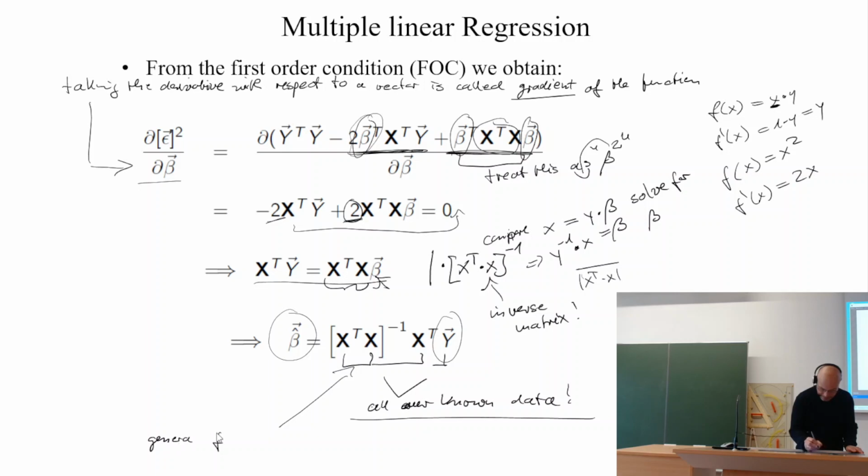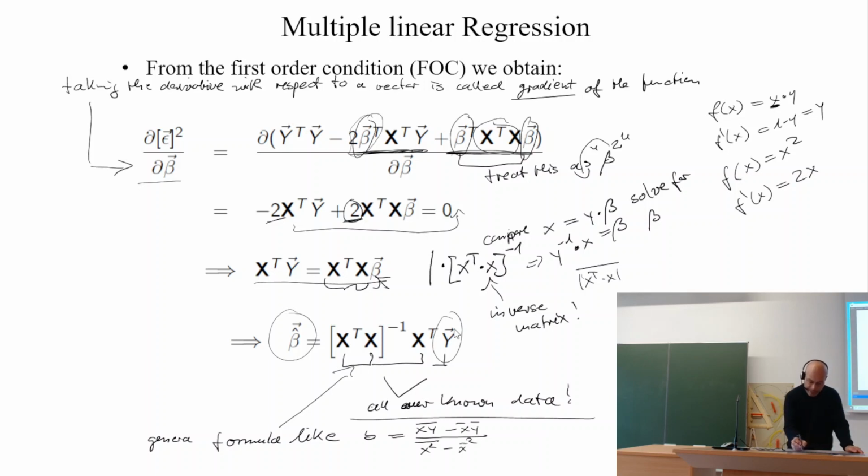the general formula, like what we had for b. I think it was the mean of xy minus the mean of x times the mean of y, divided by the mean of x squared minus the squared mean of x.